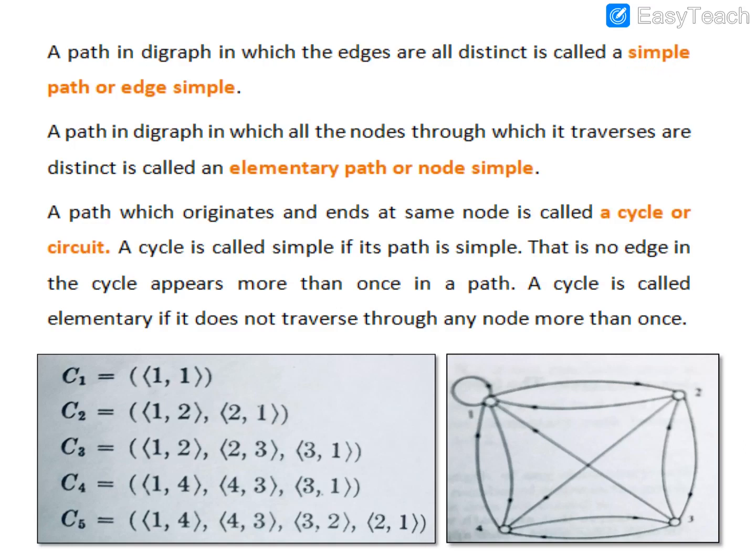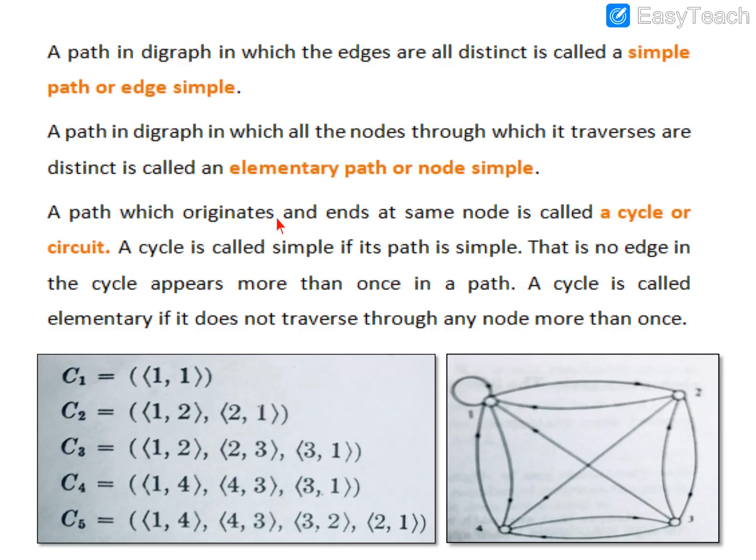A path in a diagram in which all the nodes through which it traverses are distinct is called an elementary path or node simple. That means the nodes are not repeating.